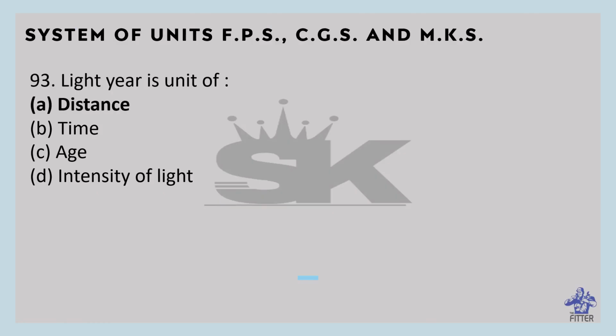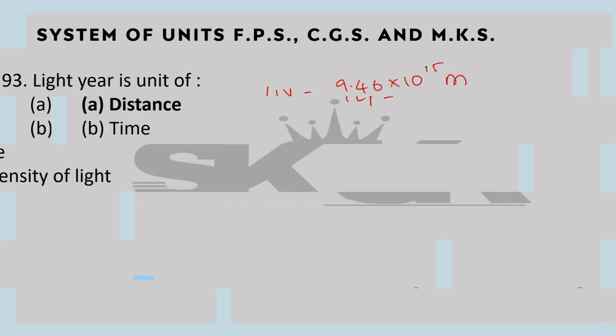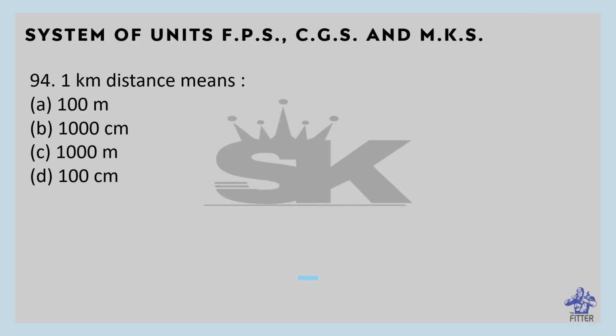Okay. 1 light year equals to 9.46 into 10 to the power of 15 meter. Okay. 1 kilometer distance means 1000 meter. Okay.